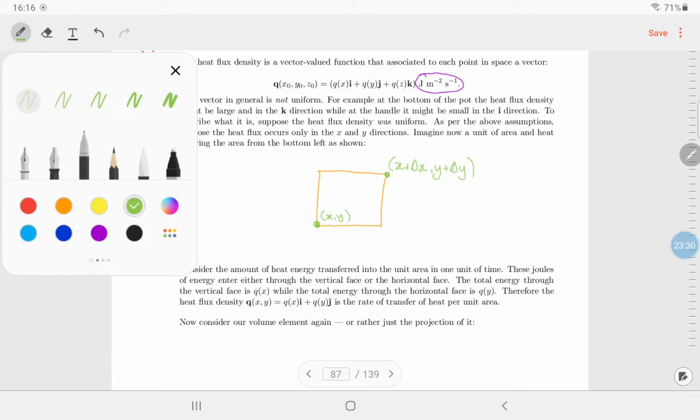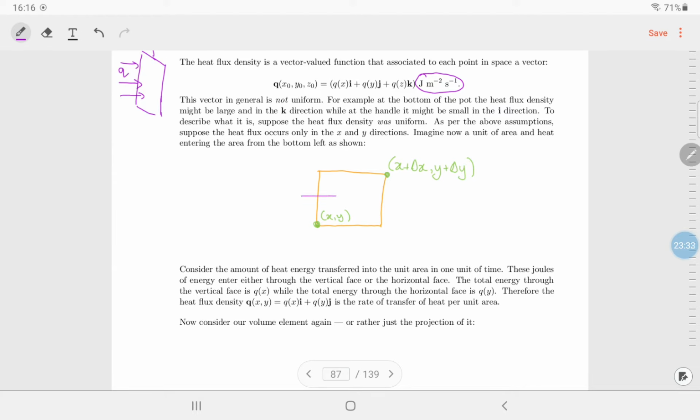So I'm going to assume that the heat flux density, which is different at all these different points, so all of the heat flux coming through this face, we're going to assume is constant.